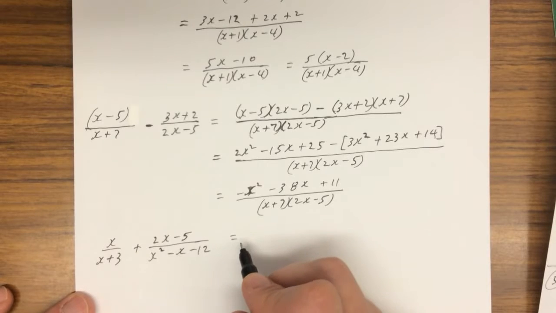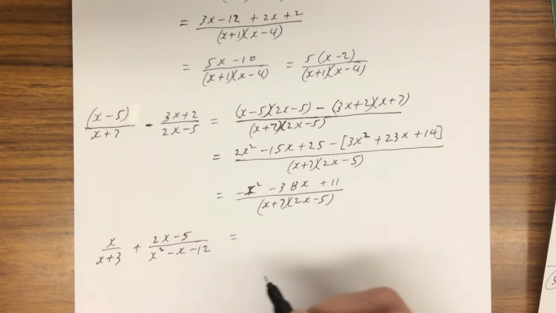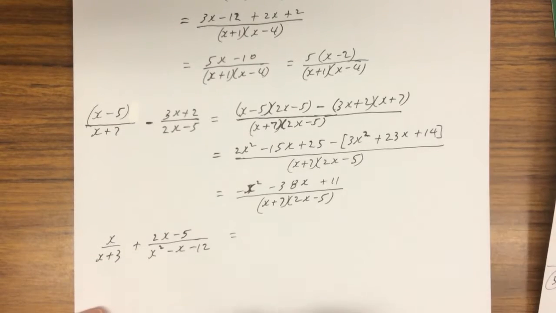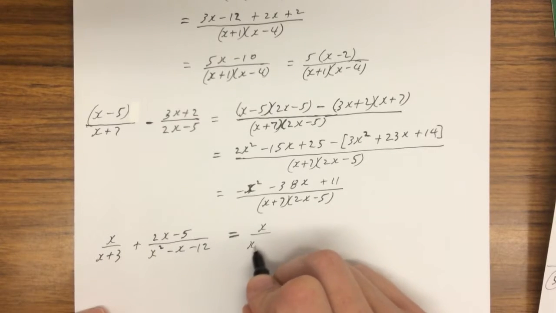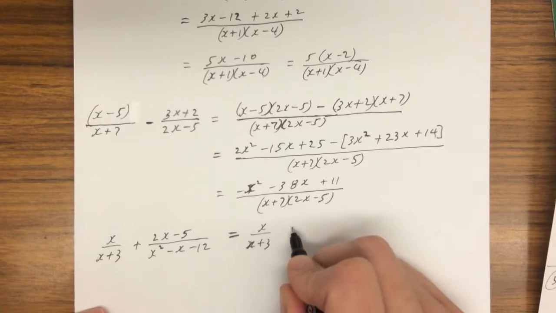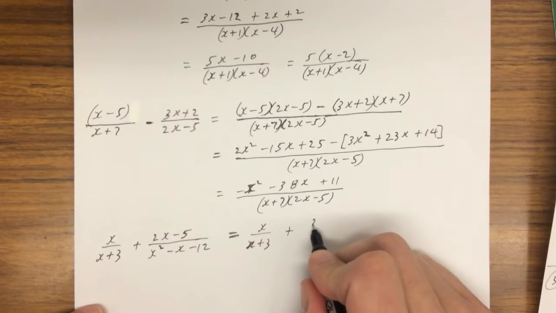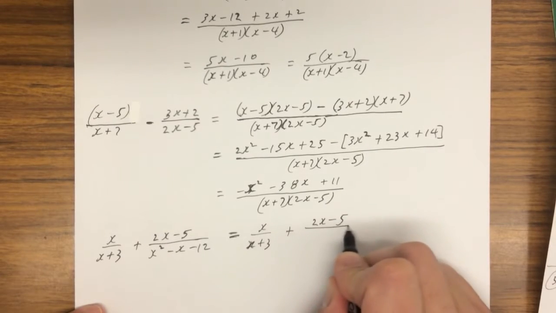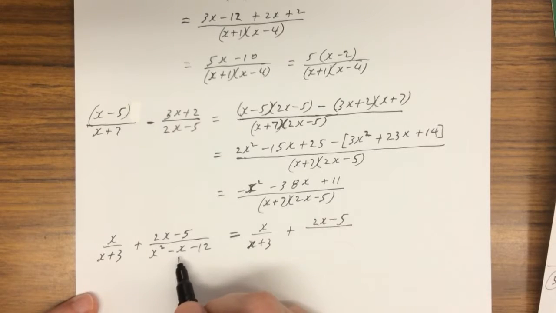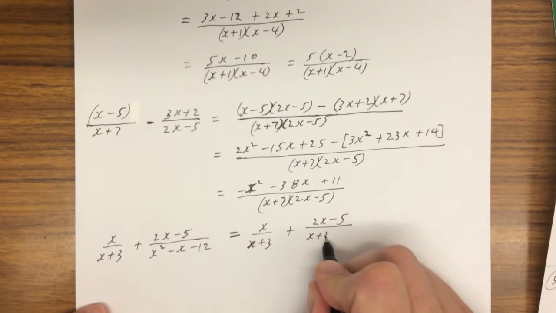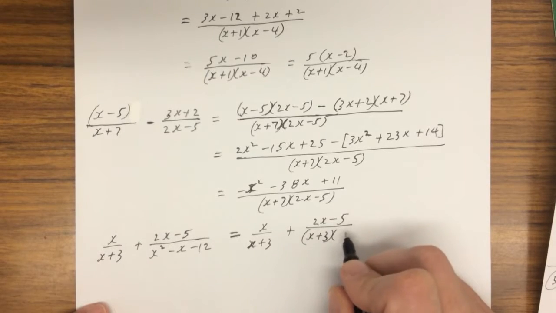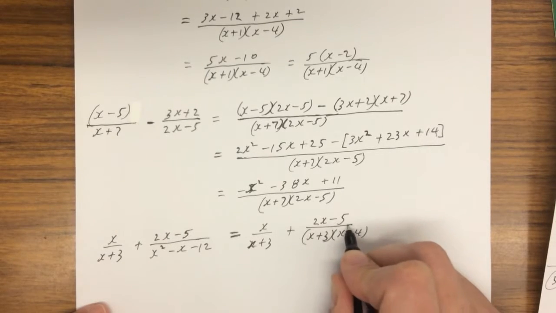Okay, so now you have to factor the denominator to see what you have to do. Okay, so x over x plus 3 plus 2x minus 5 over, well, this factors to x plus 3 times x minus 4.